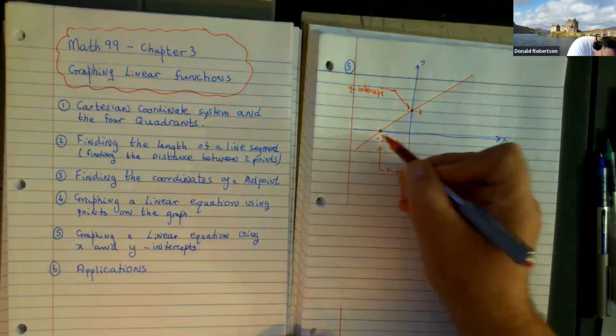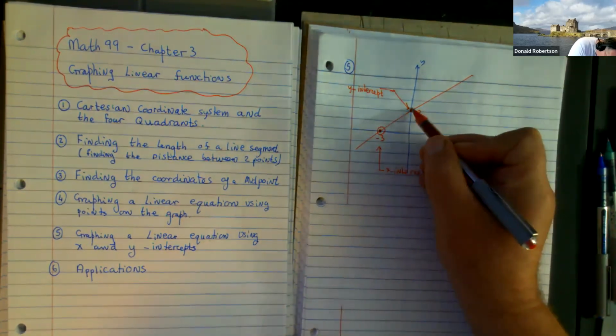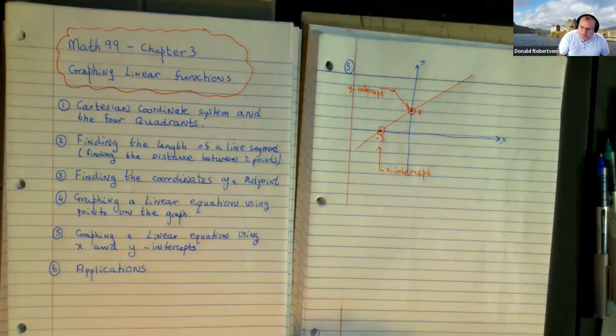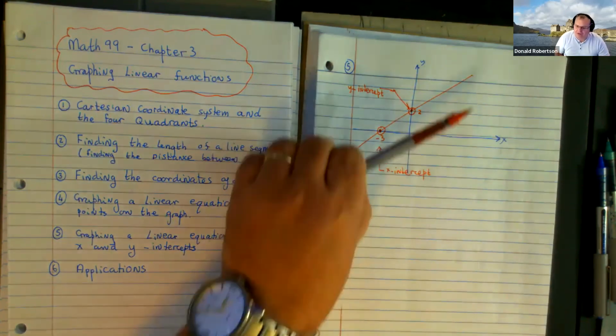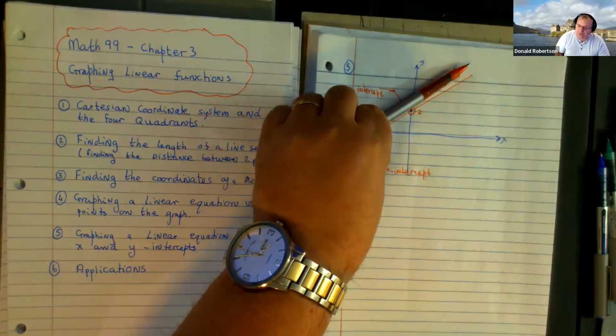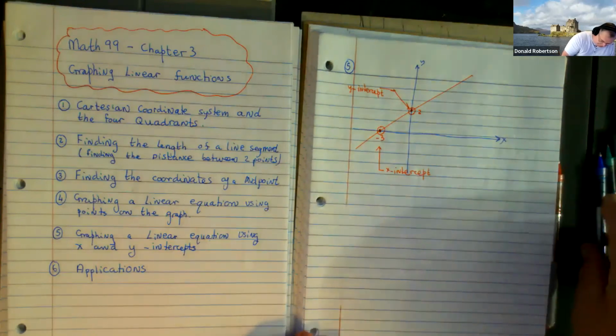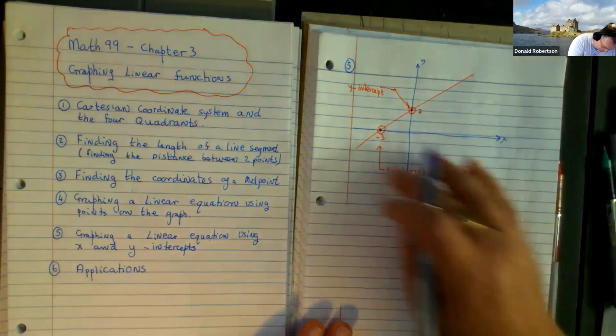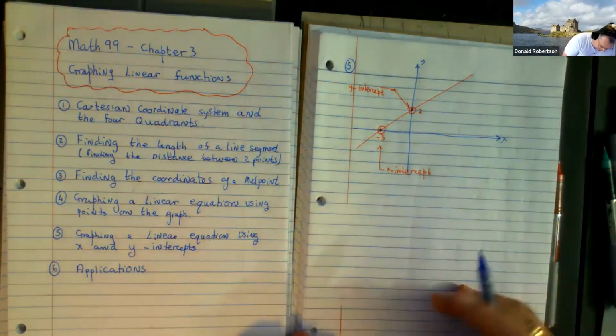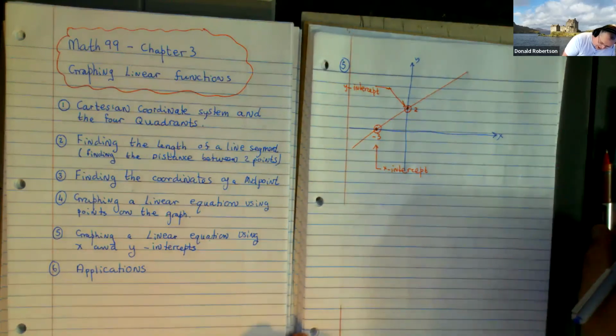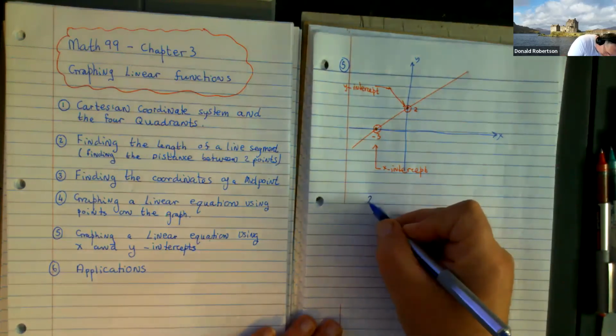Now, if you can find these two guys, you've got the 2 points that you need, draw a line through them, and you've got your line. So that particular x and y intercept is sometimes helpful when you're doing standard equations.